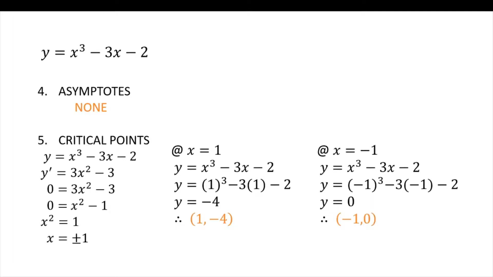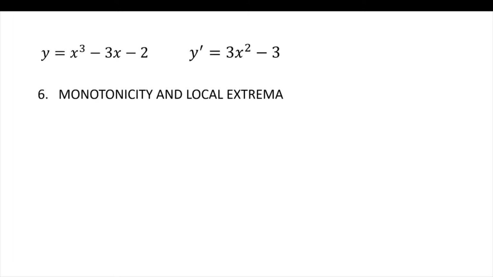Next, let's find out at what interval or intervals the graph of the function is increasing or decreasing. Using the first derivative test, let's find out whether the critical points we obtained are a relative maximum or a relative minimum. We'll test for monotonic functions and local extrema using a sign chart, because we want to determine the sign of the first derivative.